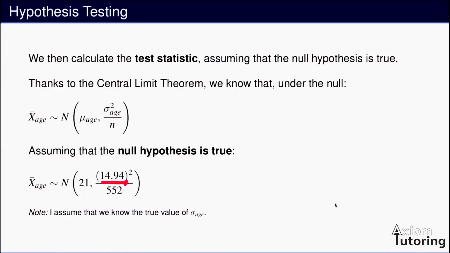But here, for the sake of today's video, we'll assume that we know the true value of sigma age, and that the true value of the standard deviation of age is 14.94, which actually is the sample standard deviation. This is an approximation, but it works really well here, and we'll look into that in a later video. So for the moment, let's just assume that this is just the true value of sigma age and divided by our sample size, which is 552 here. Okay, so assuming that the null hypothesis is true, we know that this should be true.